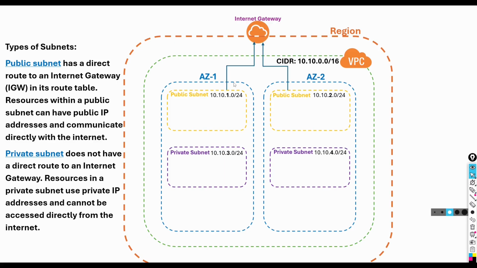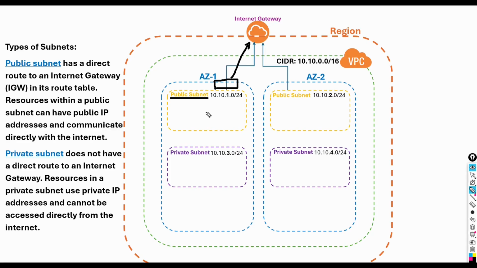So if we refer to this diagram, one subnet should be associated with one route table. Okay, let's say we have the route table here, and if this route table has a default route towards the internet gateway and this subnet is associated with this route table, then we call this subnet a public subnet.